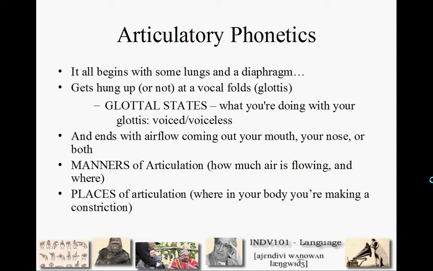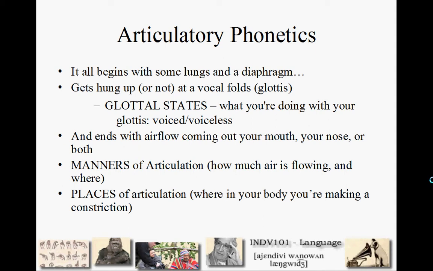So how much air is flowing through the mouth, where the air is flowing. So for example, the sound S, you have a really sort of tight constriction. Your tongue is moved way up to the top of your mouth, but there's a little bit of space there that the air is forced through, which creates that sort of noisy sound.